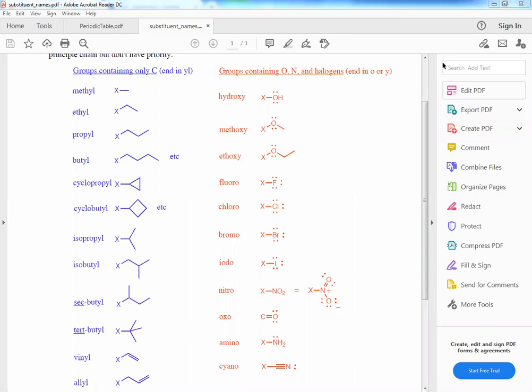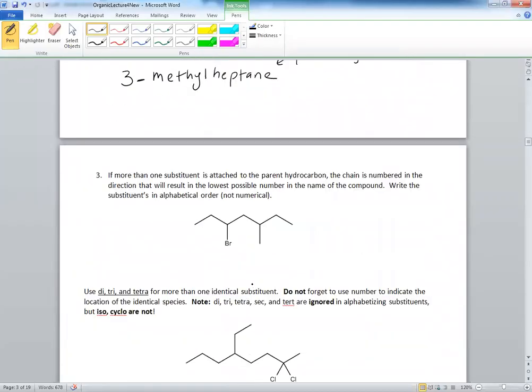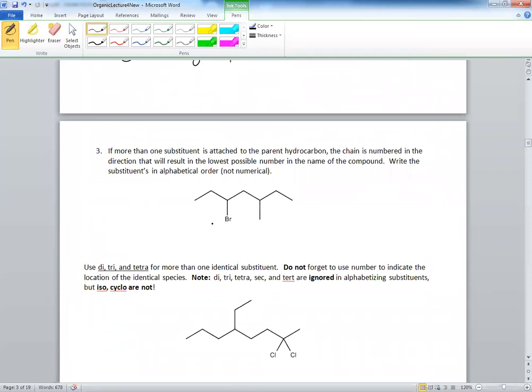Now, let's go back to our lecture. The next one is if you have more than one substituent attached to the parent hydrocarbon, the chain is numbered in the direction that will result in the lowest possible number in the name of the compound.